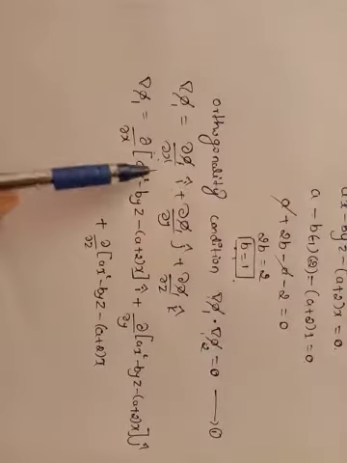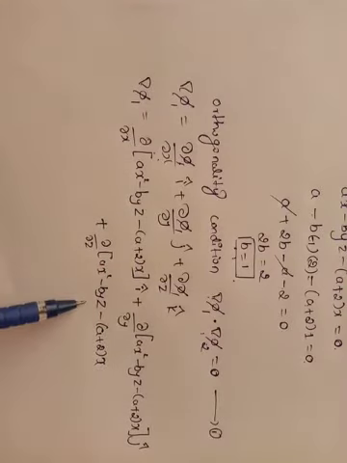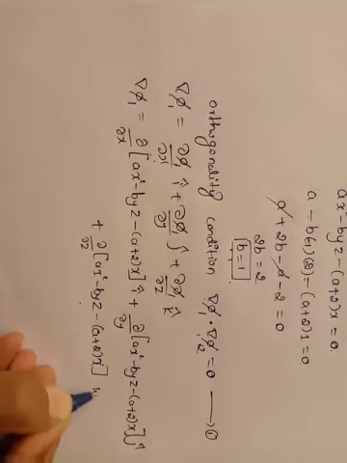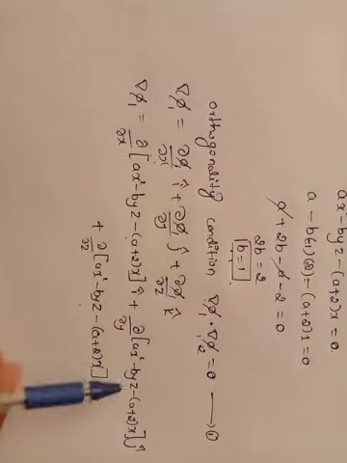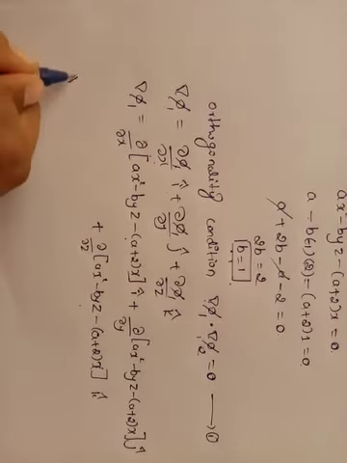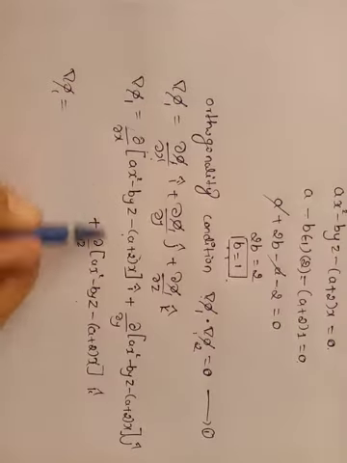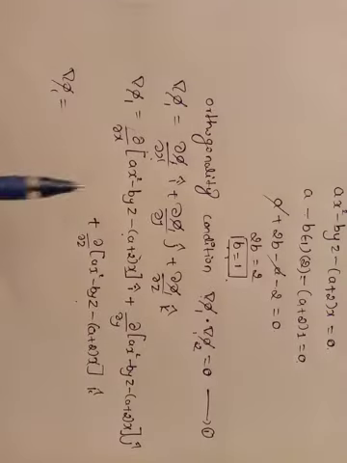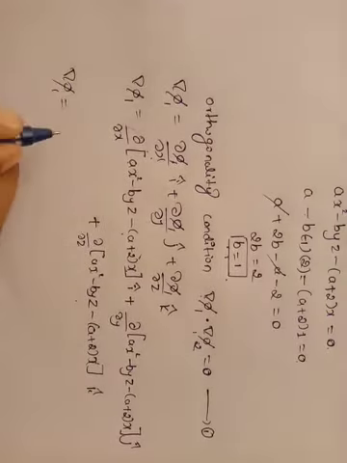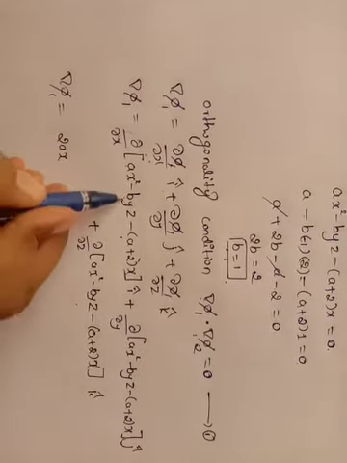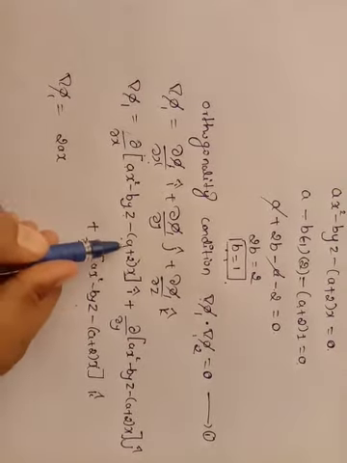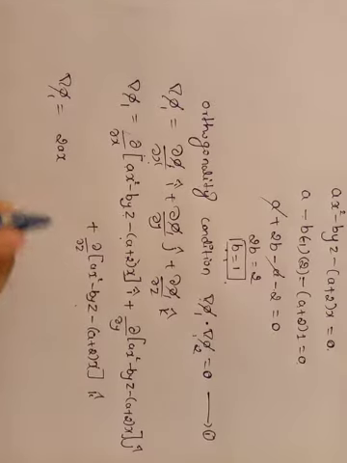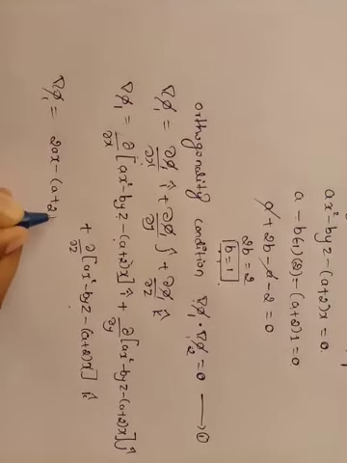Substitute that here, keeping all terms as they are. Del phi 1 is dou by dou x of this whole function, keeping y and z constant. The derivative of ax square is 2ax, byz is a constant so 0, and (a plus 2) of x with respect to x gives 1 into (a plus 2), with the minus sign.